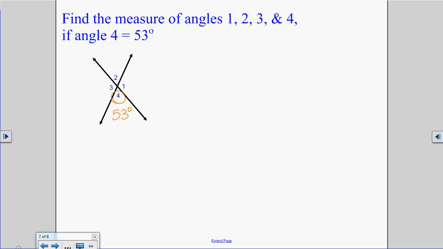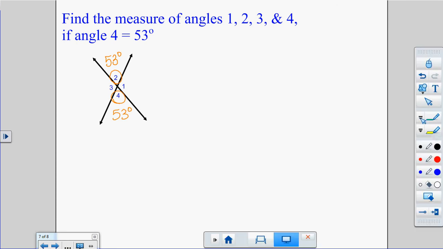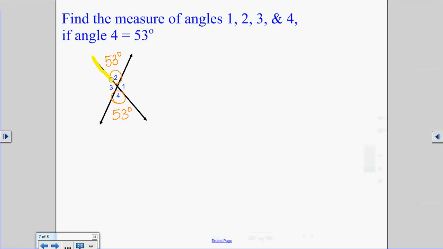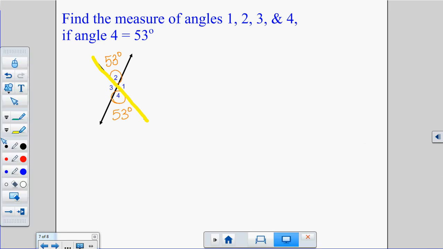Now, vertical angle is the one directly across from it, which is 2, and I know that those are congruent. So I know that 2 is also 53 degrees. Now, how do I figure out the other two? Well, if I look at this line right here, that is a straight angle.